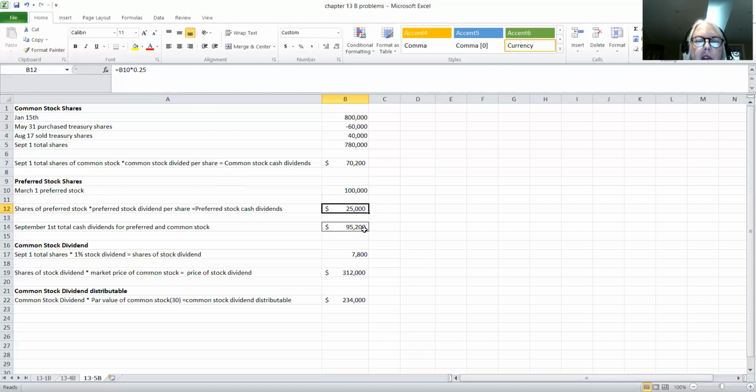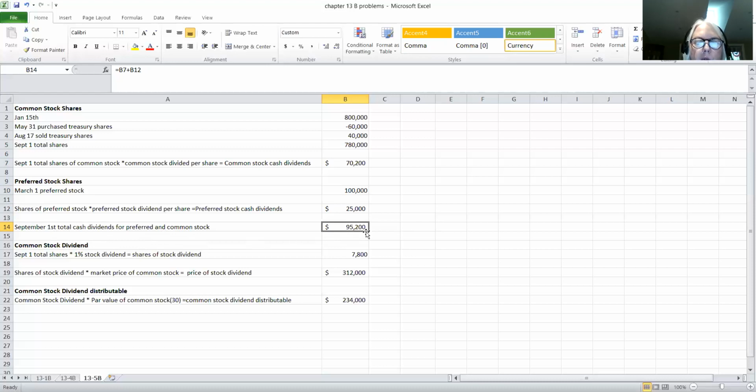What they're asking you for in the answer to the next journal entry in Cengage is the total amount of cash dividends that we're going to give to our preferred stockholders and our common stockholders on September the 1st.